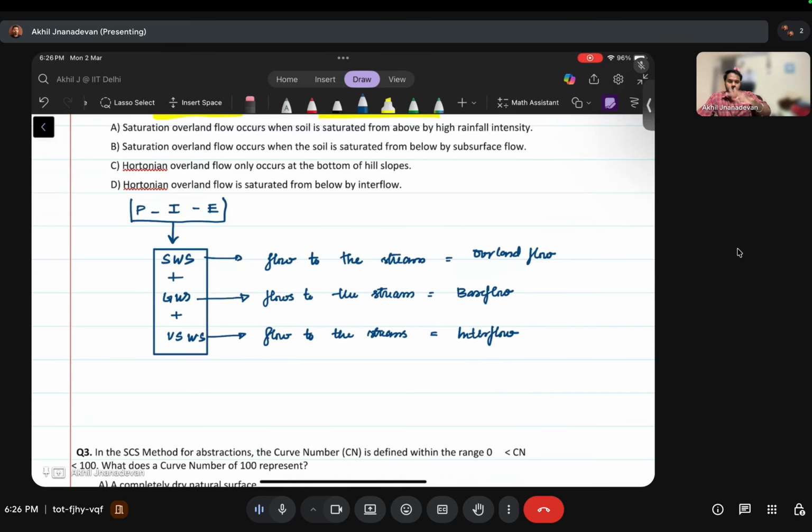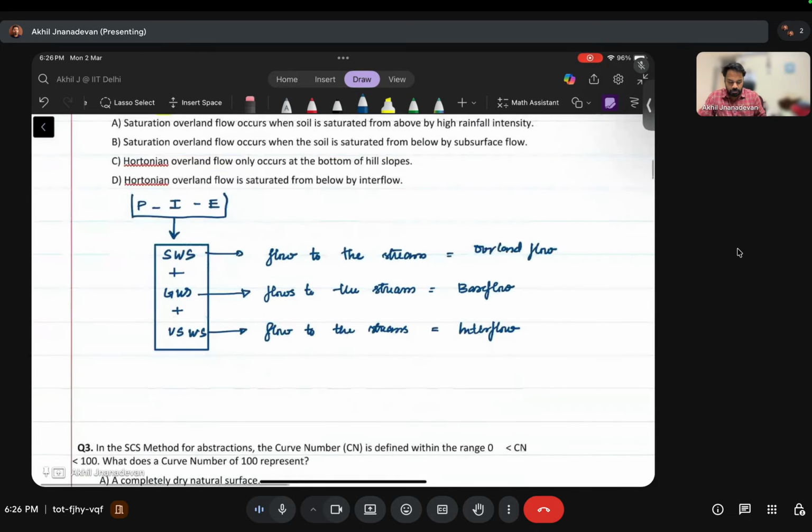The water that falls on the surface when the soil gets saturated flows as a sheet flow. Sheet flow means it will have a thin layer, the depth will be small, and it will be spread over an area. After some time, they get narrowed and form the streams. So that is called overland flow. So overland flow is clear to you.